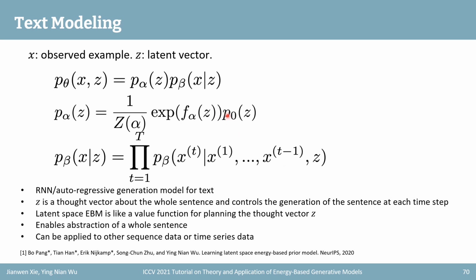So the latent space EBM is like a value function for planning the thought vector Z. And this thought vector Z enables the abstraction of the whole sentence. So this model can also be applied to other sequence data or time series data.